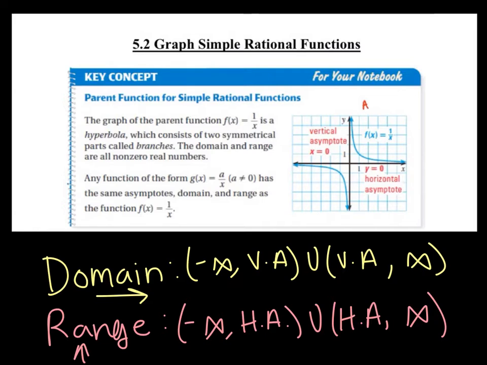And the range, from bottom to top, will skip over the horizontal asymptote. So this one actually will have two asymptotes, a vertical and a horizontal.